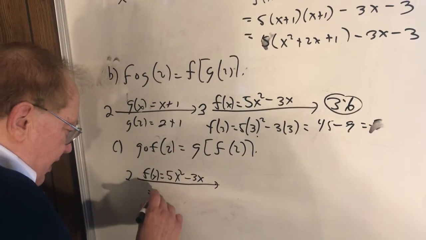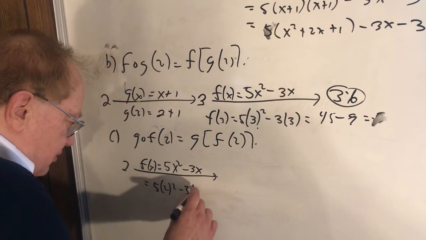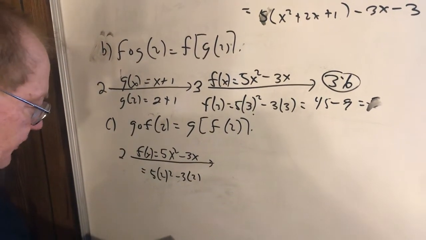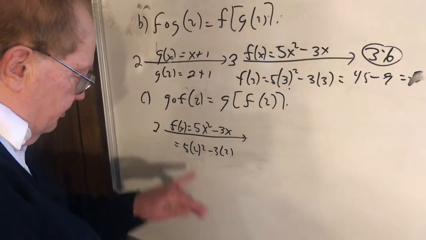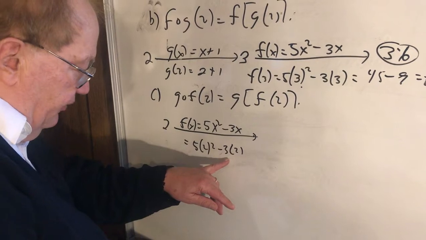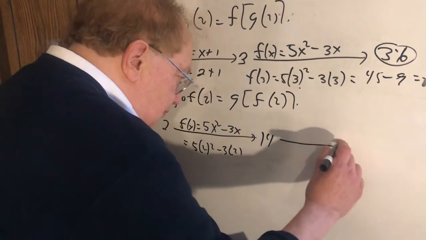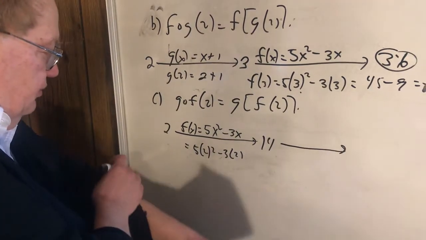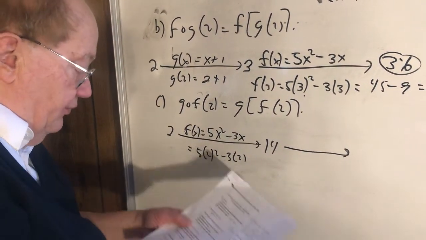So now we have 5 times 2 squared minus 3 times 2. 2 squared is 4, so 20 minus 6, that gives me 14.